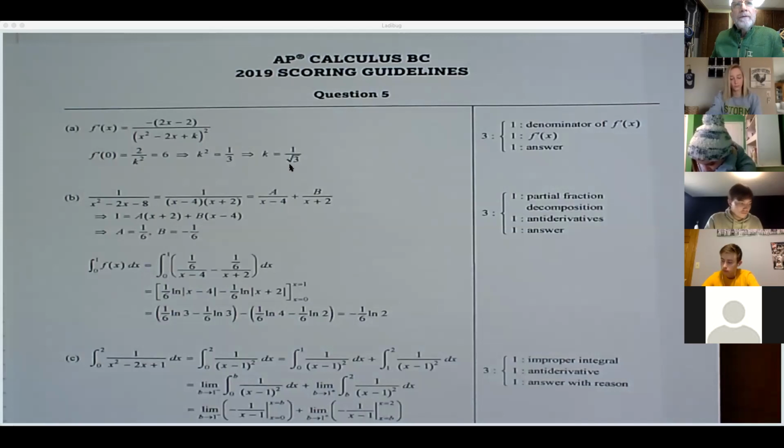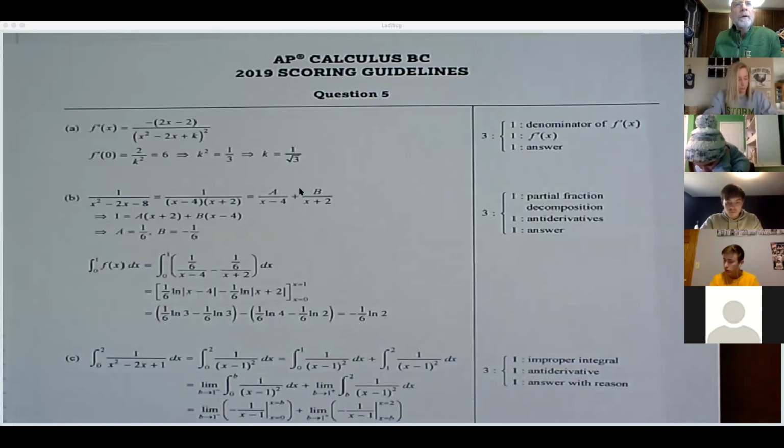B, they were testing you on partial fractions. Again, it's also worth 3 points. So you had to convert this into this partial fraction decomposition. You needed to come up with 1/6 and -1/6.